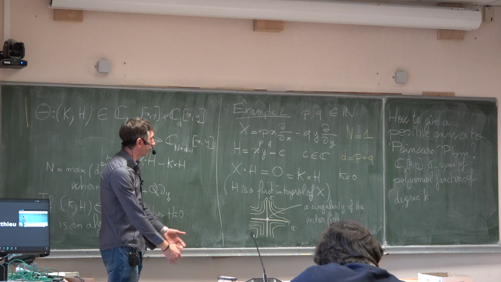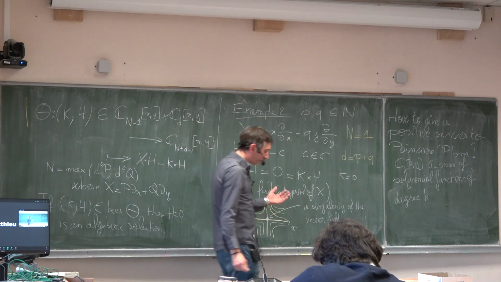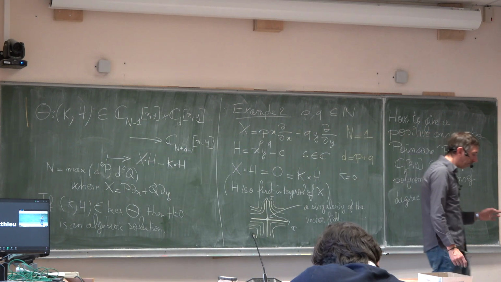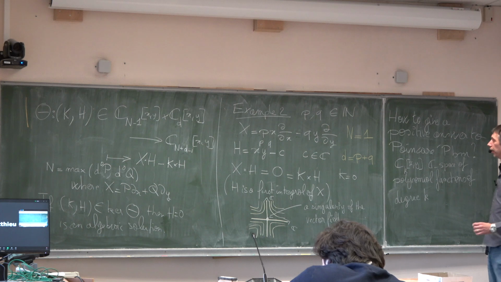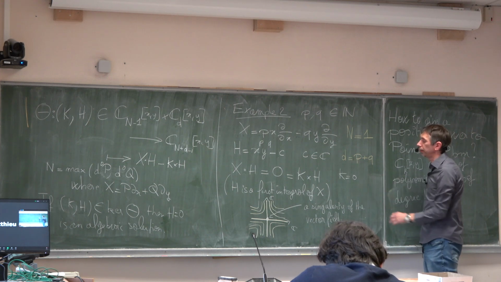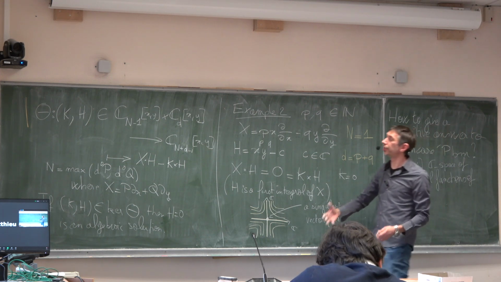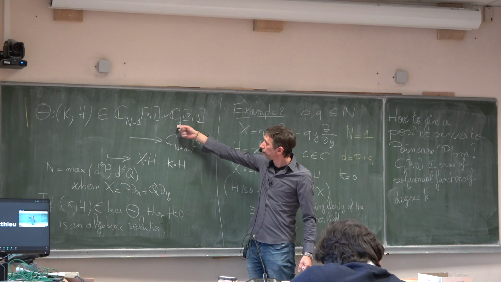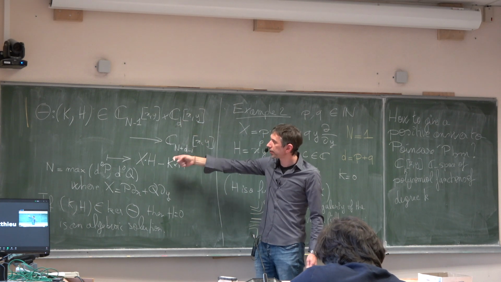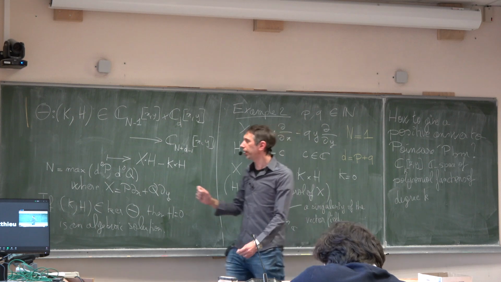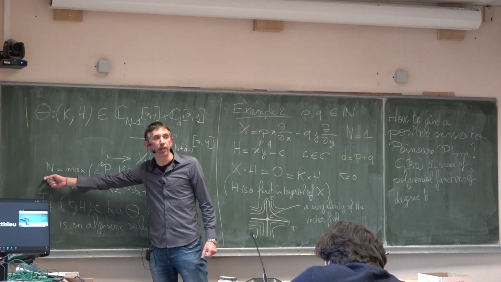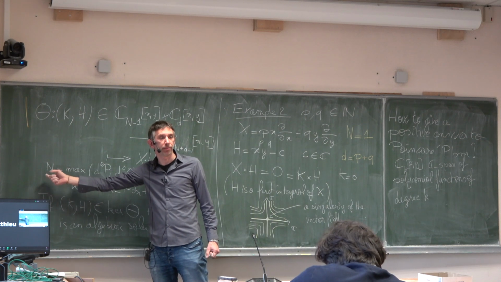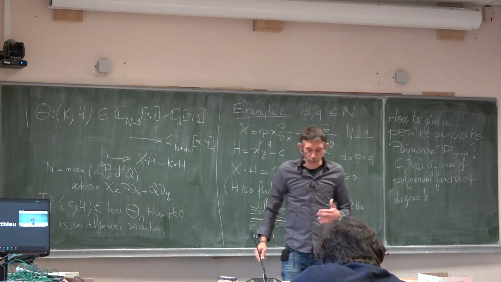And you can, of course, make p and q as big as you want. So there is no way to find an a priori bound for the degree of a potential algebraic solution for a vector field X once you know only the degree of the initial vector field. You have to know more.